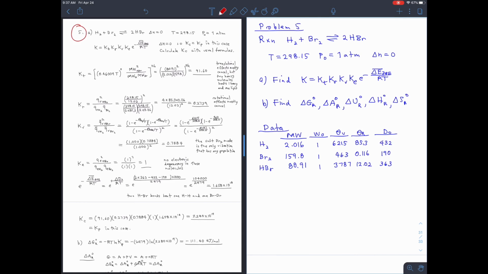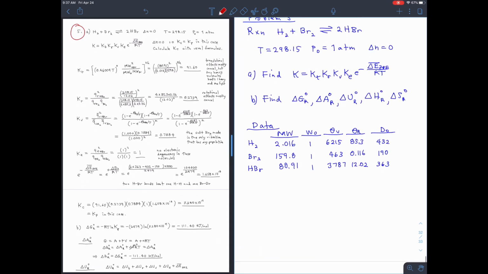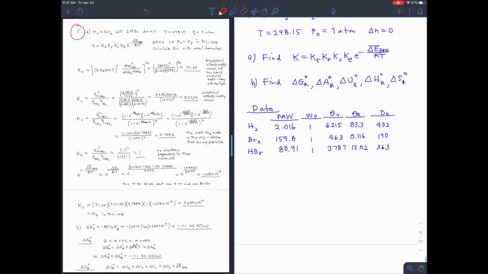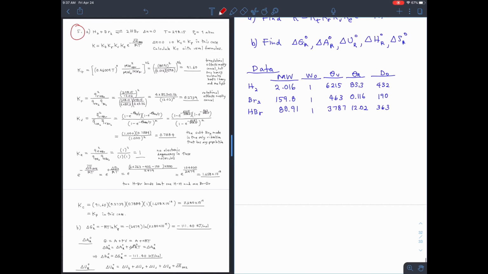All right. So this calculation will be very much like the last one. Let's just go through it. First of all, we want to get the value for the translational contribution to the equilibrium constant, Kt.